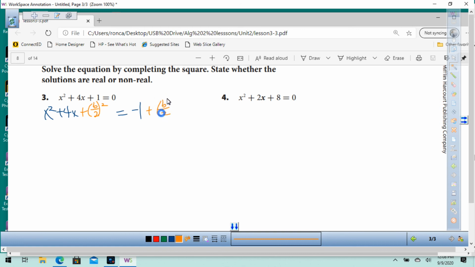b over 2 squared. Well, what is b? b is 4. Okay? So 4 divided by 2 is 2, and then 2 squared is 4. So we're going to end up adding 4 to both sides.